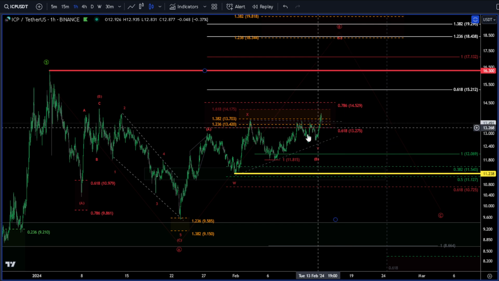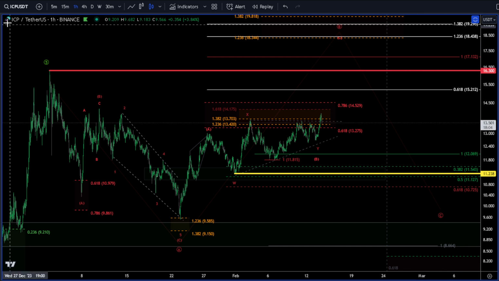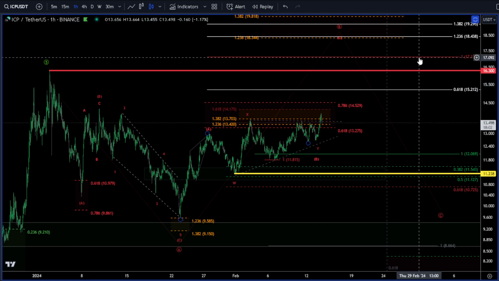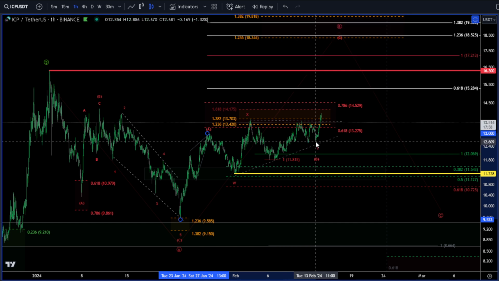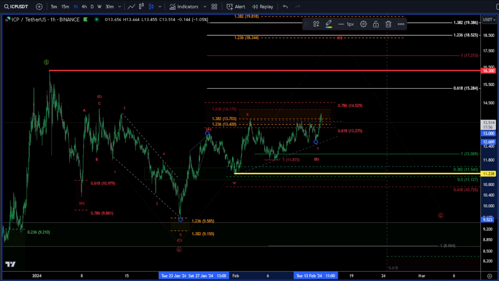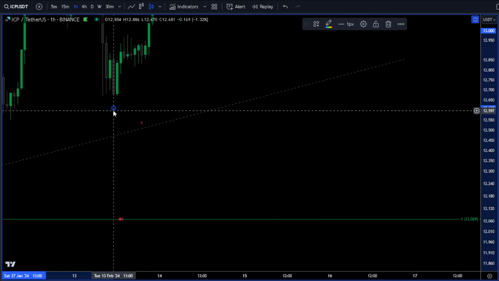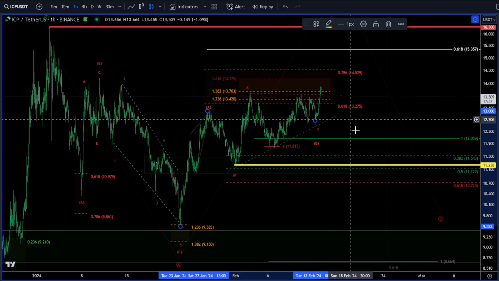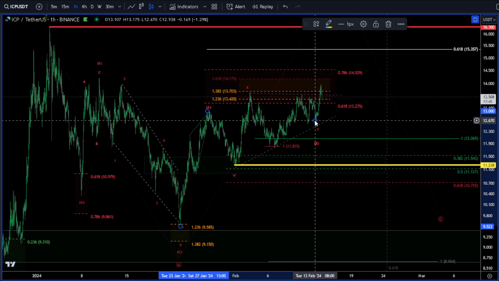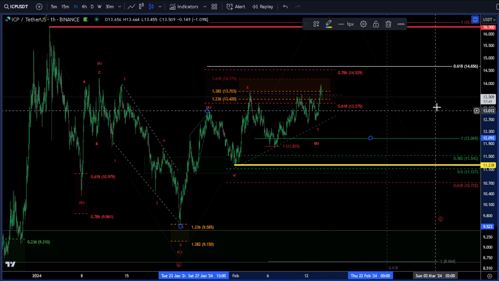I'm still biased to the upside, and this target of the 1-to-1 should change based on where we pivot from, obviously. Right now I'd move it over to here in case it's that WXY, and we just go from here. But if we make that 1-to-1 extension down to 1269, obviously my 1-to-1 target up here would change to 1650.